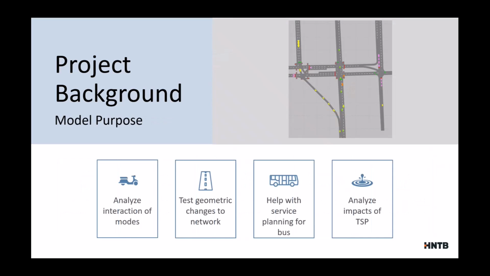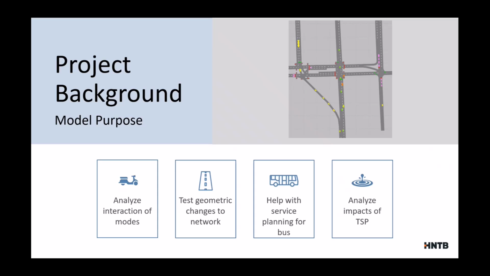So what are the purposes of our model? Why did we want to model this in detail? One, we wanted to analyze the interaction of modes, and particularly the bus mode with the general purpose traffic. We wanted to test some geometric changes in the network. Again, we're not making big changes.